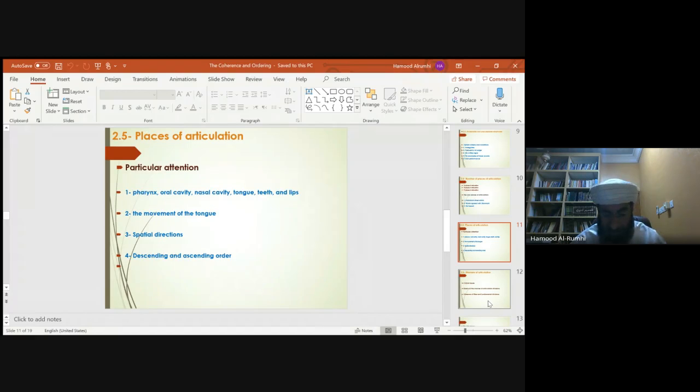Also, spatial directions are used to describe the positions of the places of articulation in order to determine the exact point of articulation. The presentation of the places of articulation in these treatises differs from that found in contemporary phonetic studies, the latter of which typically arrange them in descending order, starting with the lips and moving progressively back toward the larynx.